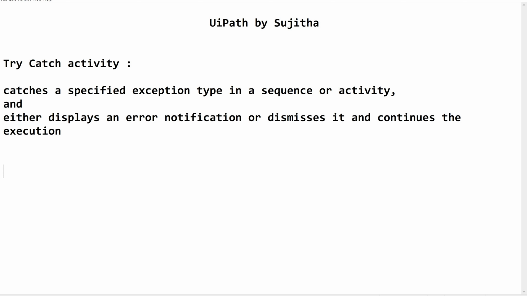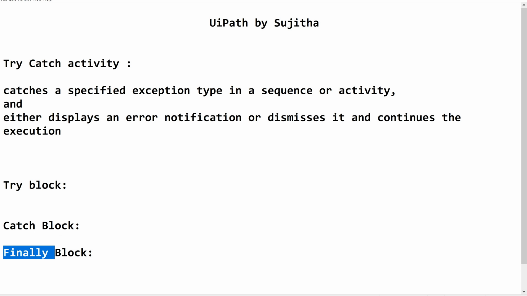So it has different parts: try block, catch block, and finally block. So it has three blocks: try, catch, and finally. Now you can guess what this try block is containing and catch block is containing and finally block is containing. All these three blocks contain activities only.